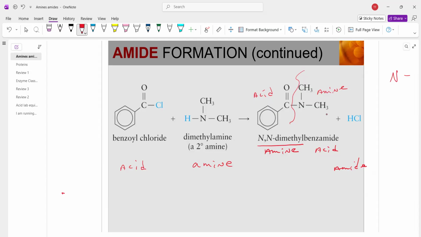In the secondary amine, dimethylamine, we end up with, now, I'm going to talk about naming in a minute. So instead of benzoate, it's going to be benzamide. Okay, and here we have a couple methyl groups off the nitrogen, so it's going to be N,N-dimethyl benzamide.